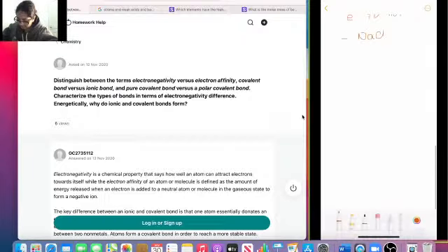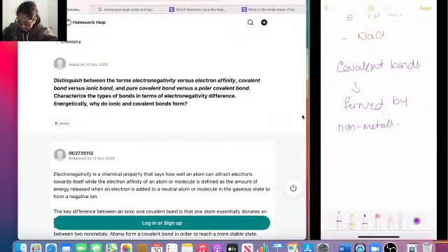Whereas your covalent bonds are formed by nonmetals, right? Between two nonmetals, basically. And so what they're doing in a covalent bond, they're sharing electrons.